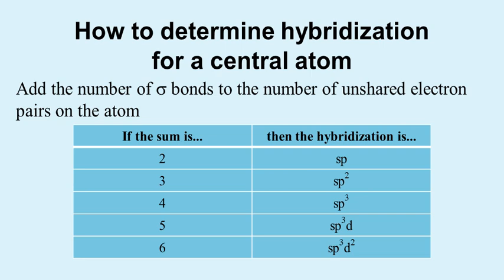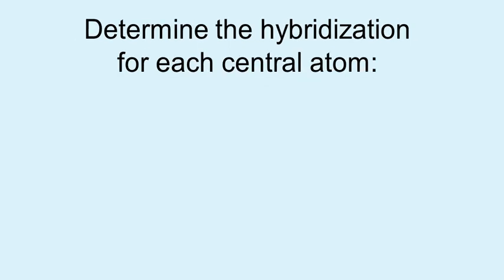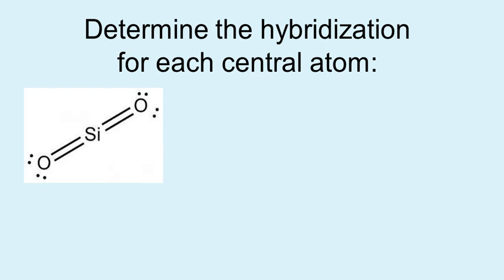So let's do a couple of examples and determine the hybridization of some central atoms in different molecules. And these are some molecules that perhaps we've determined the Lewis structure of from an earlier lecture. So here's the first one. We have silicon dioxide. And so once again, we have to add up the sigma bonds to the number of unshared pairs on the central atom. Well, we have double bonds, and so that's a sigma and a pi, and there's a sigma and a pi.